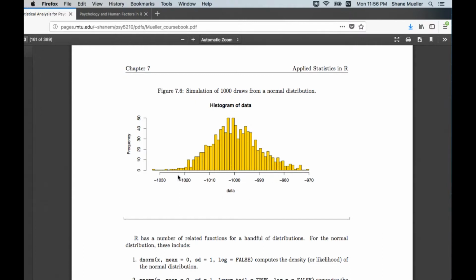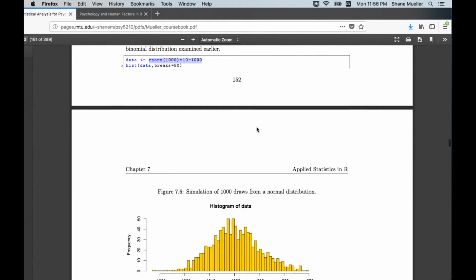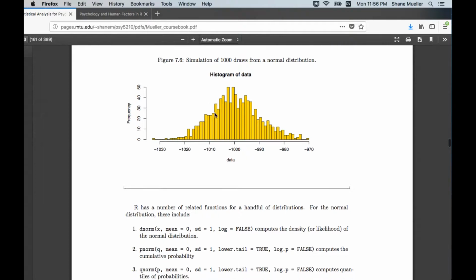We want to know the cumulative, and the cumulative, unfortunately, is not known. There's no way of writing down a form of that cumulative function, and so we rely on numerical estimates, which are pretty good, but all of this is actually generated from a numerical estimate of the normal distribution, not the actual normal distribution.